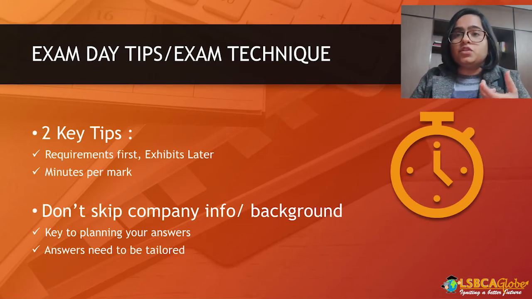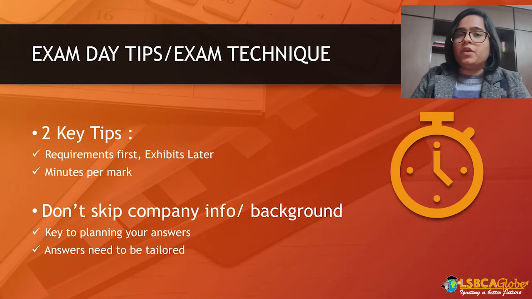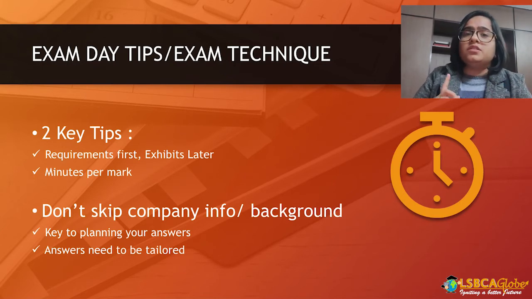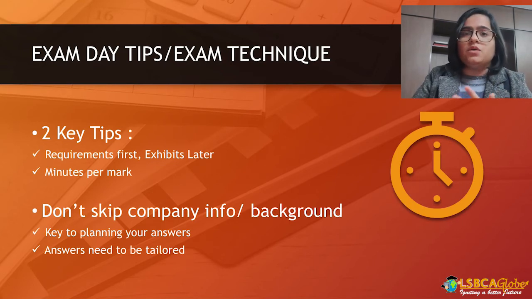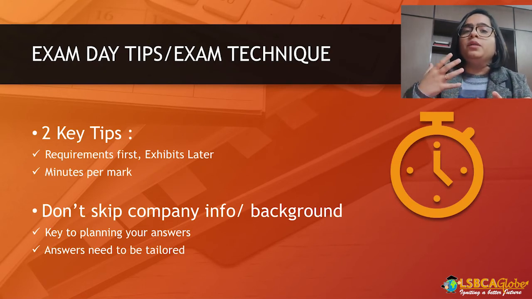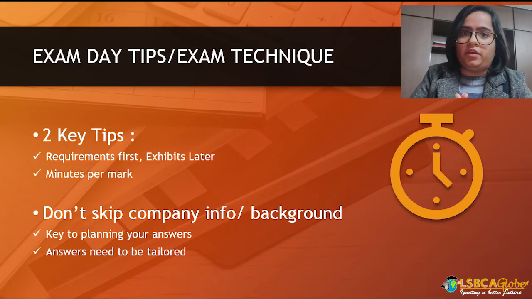And this information you can get only through the background given. You need to know what the company does, in which industry the company operates, and what are the circumstances under which the company operates. All this information will help you in tailoring your answers according to that particular scenario.